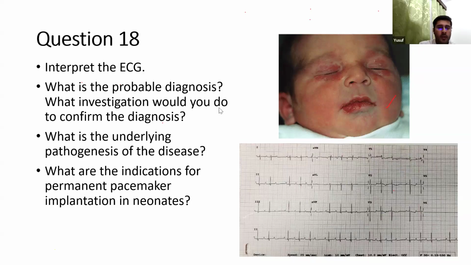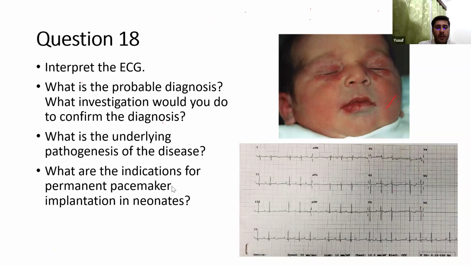So, what investigation would you do to confirm the diagnosis? And how is it contributing to the underlying pathogenesis of the disease? Very good. Okay, very good. Anti-Ro, anti-La. Okay. Mother, you may screen for ANA and dsDNA.